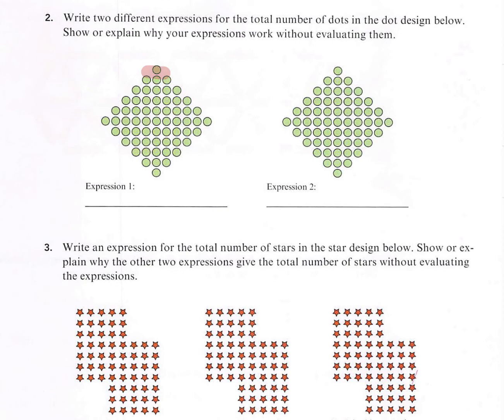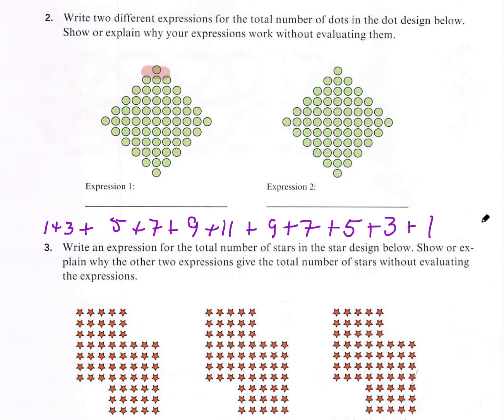So we've got 1 plus 3 plus 5 plus 7 plus 9 plus 11 plus 9 plus 7 plus 5 plus 3 plus 1. That's a perfectly good numeric expression to tell me what number of dots are in this picture.